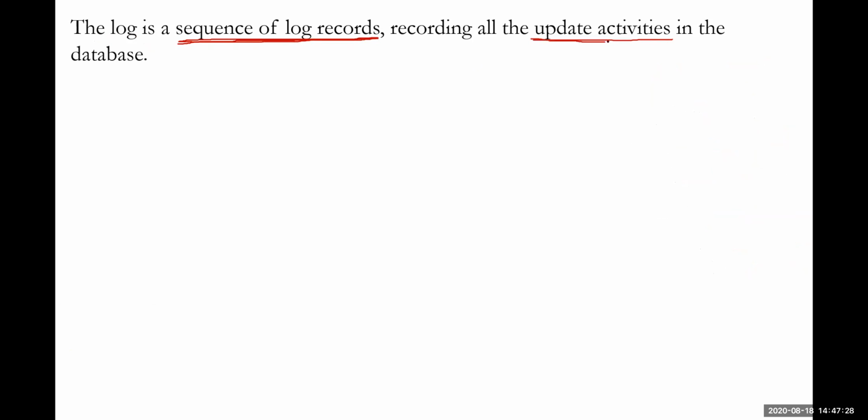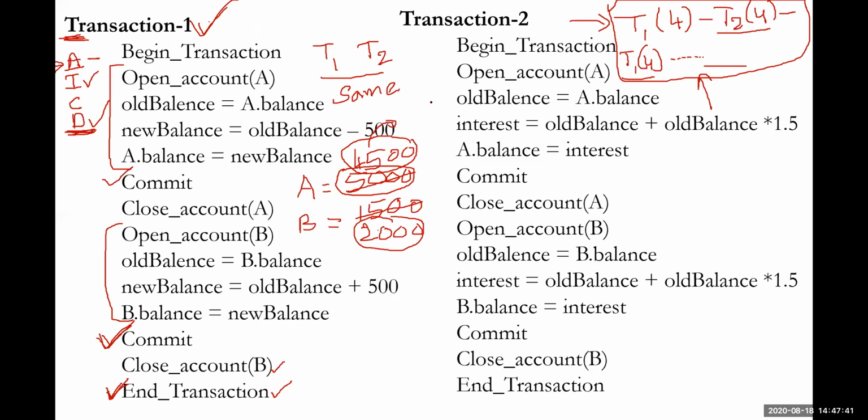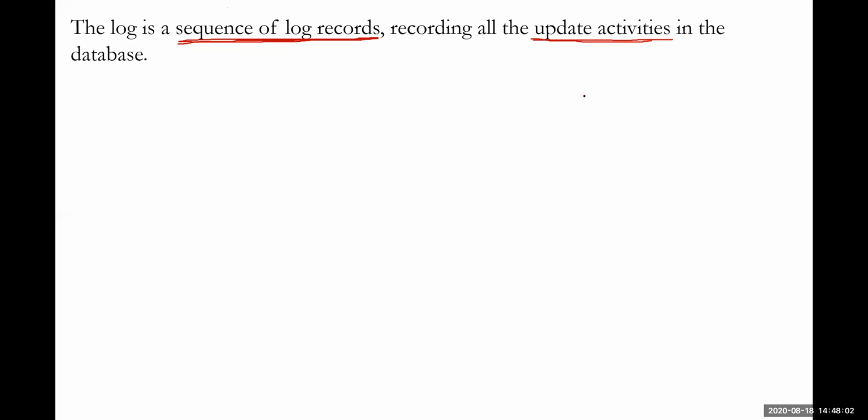If you select some information from the database, those will not be recorded. For example, just before, we took this point: old balance equals a dot balance, that is, select balance into old balance from the table where account number equals S account number. If you perform that operation, it will not be noted down in the log. Only updates will be recorded.